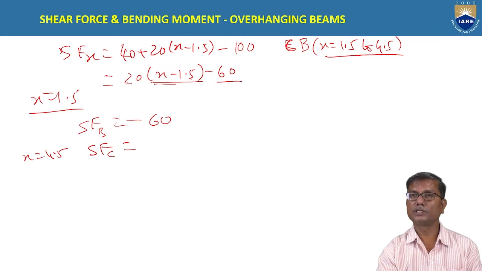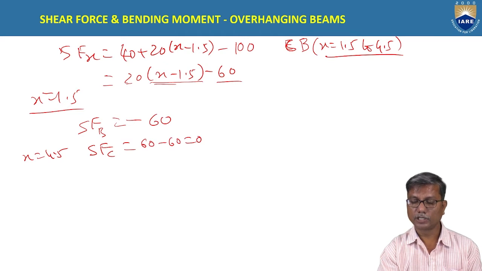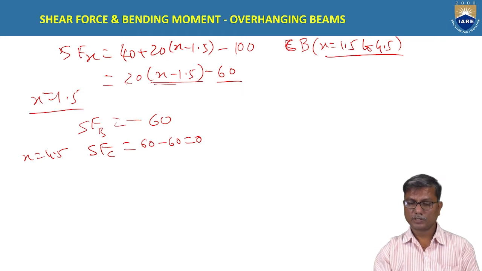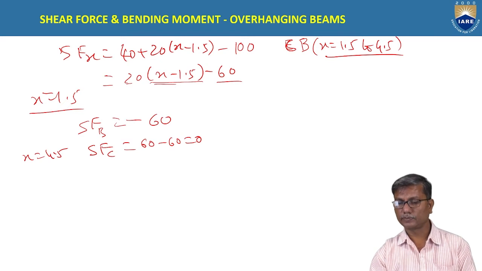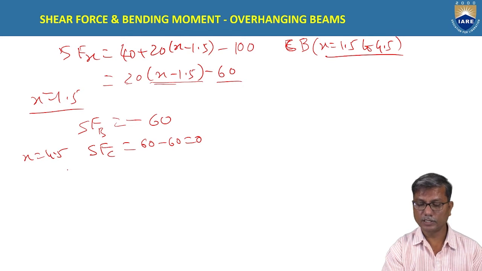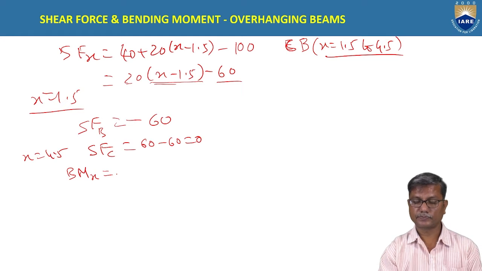So 20 into 3 is 60 minus 60. So it becomes 0. Shear force at C is 0. Okay. Coming to bending moment at X.